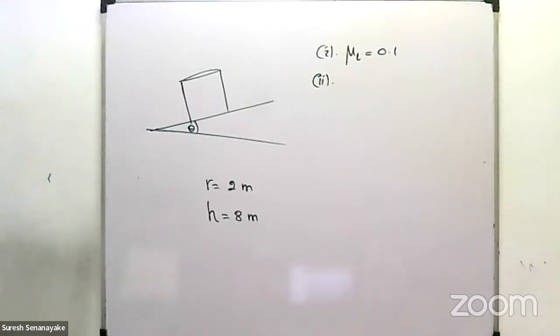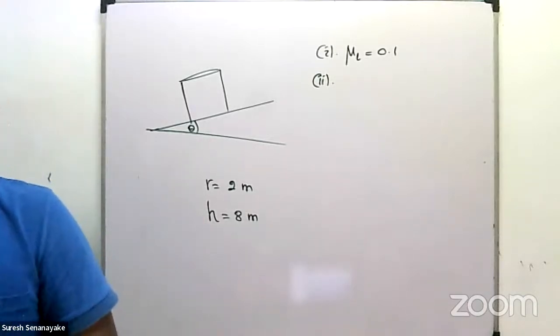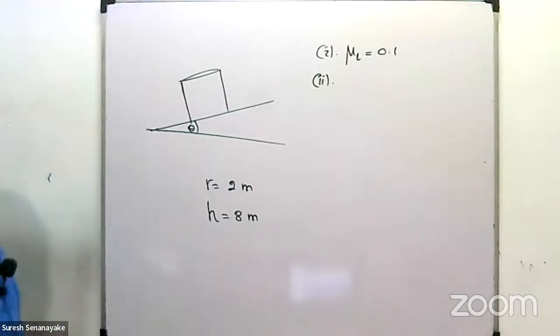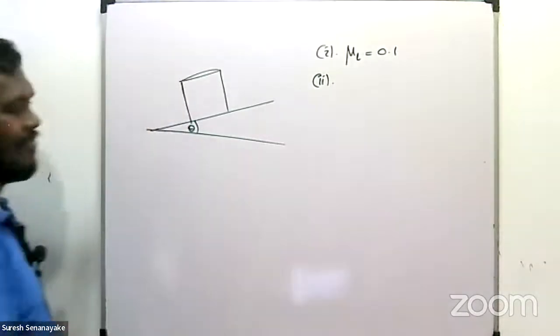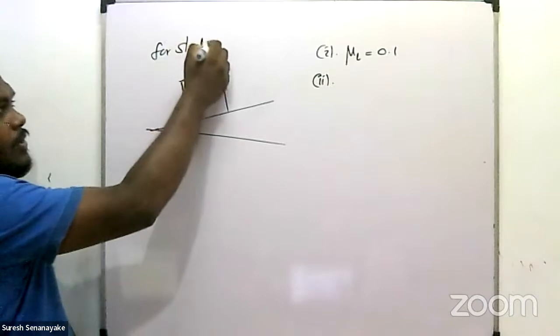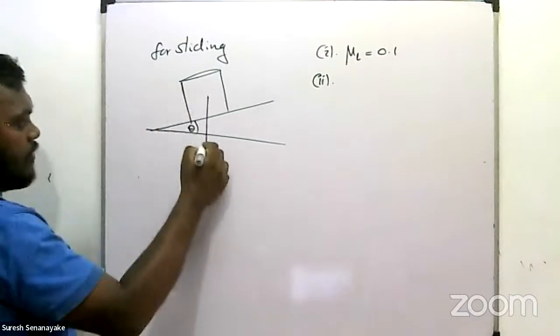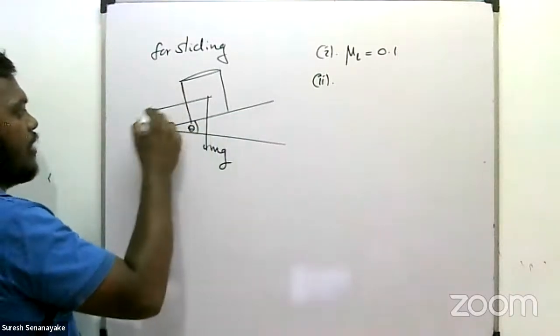First case, for sliding. The weight of the body is mg here.